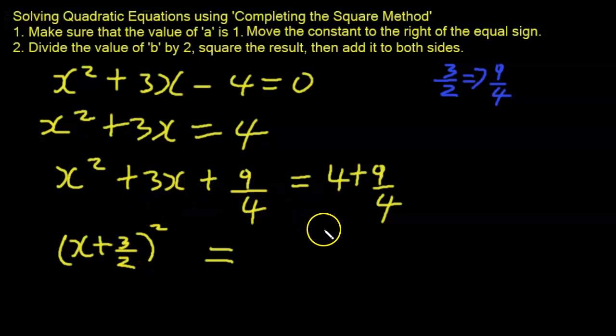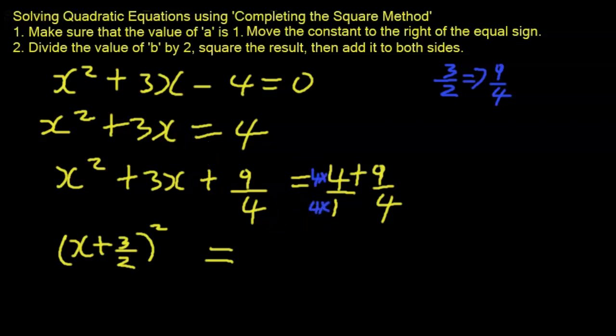And then what's 4 plus 9 over 4? Now, 4, can you rewrite 4 as 4 over 1? And we want the denominator to be 4, so we can multiply by 4, and we can multiply that by 4.